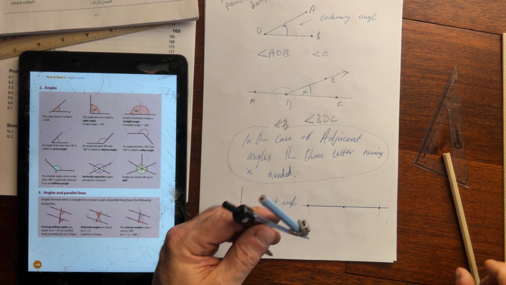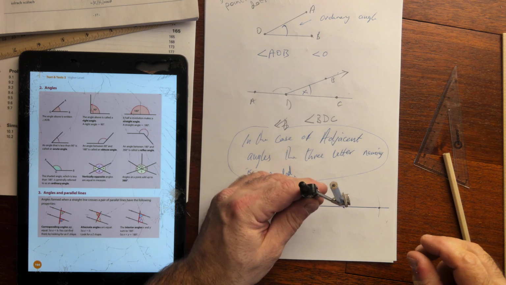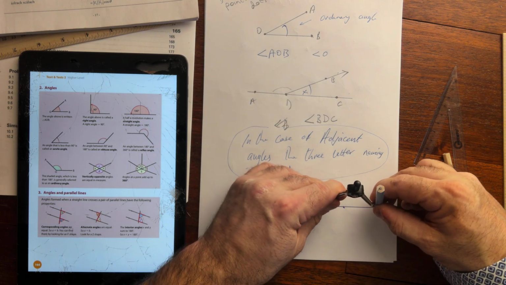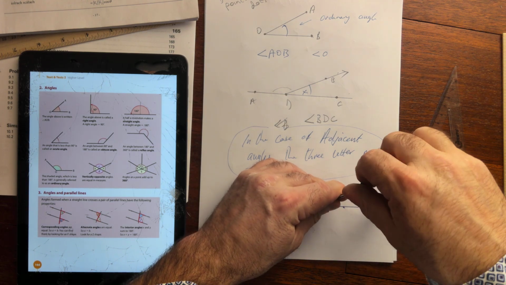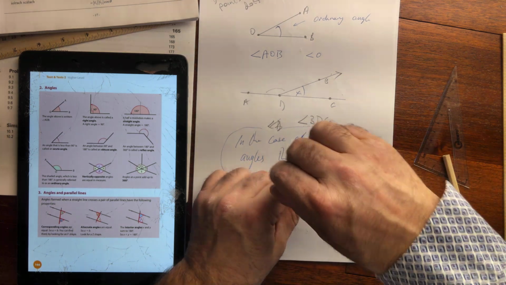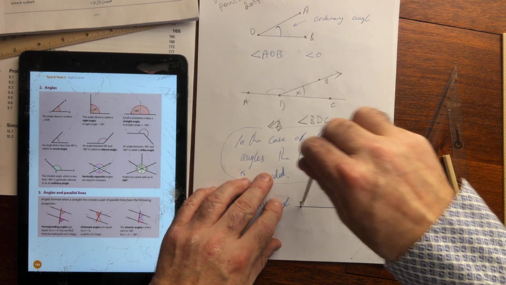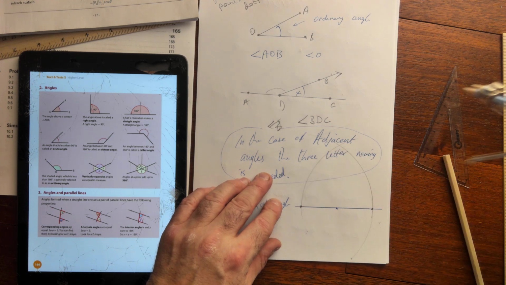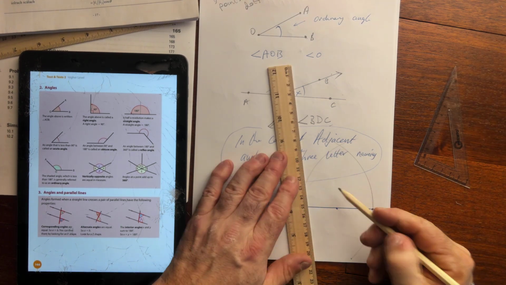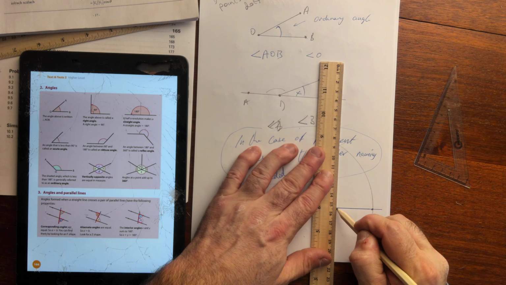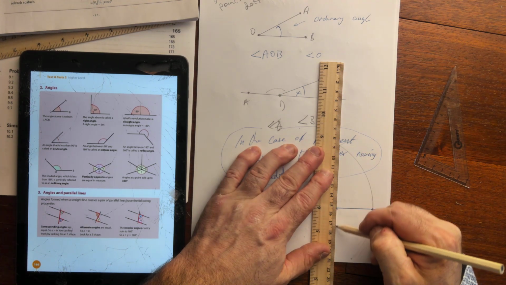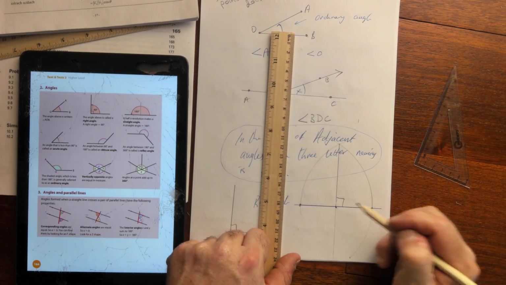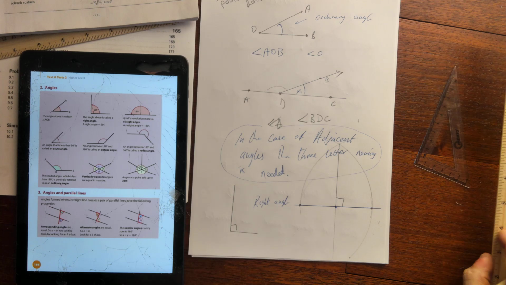This is the midpoint, and I can go with arcs of any length, but I'm going to go with this double arc this way, and this way. Bring that up there. I know I can't go the other end of this, but it doesn't matter. This is a right angle here because I already have my midpoint.